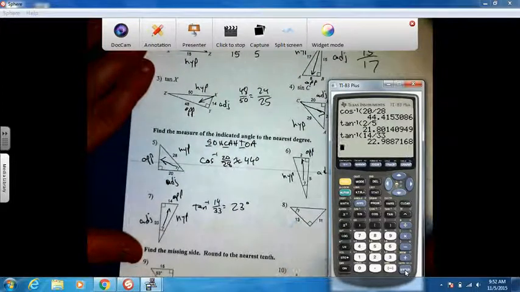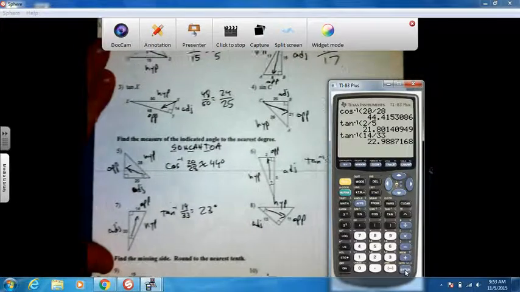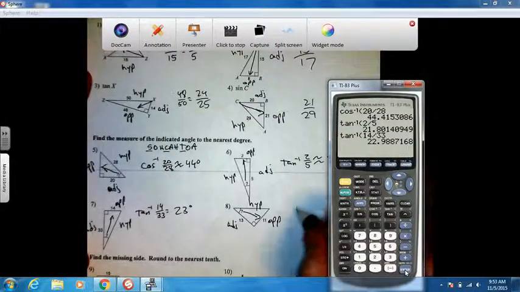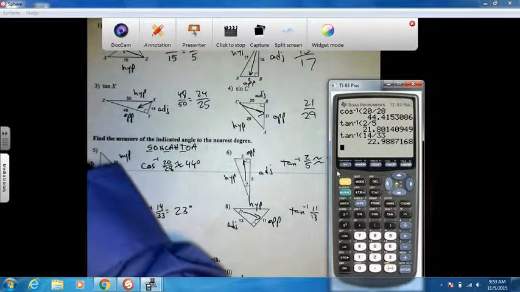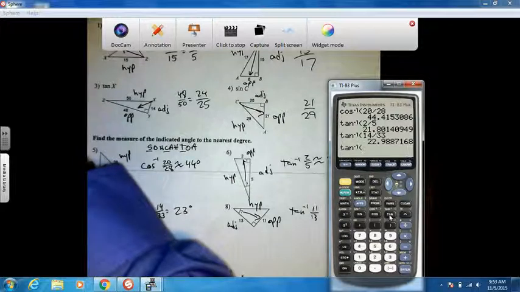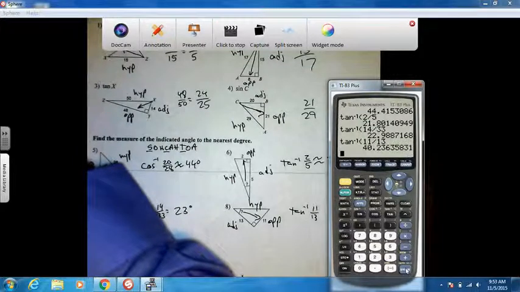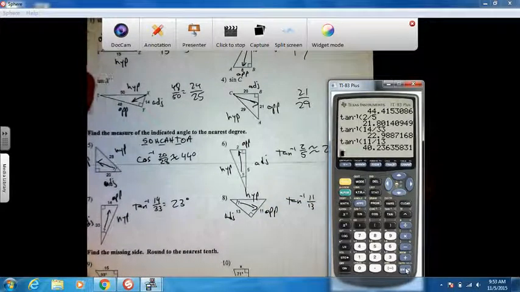And in number 8, opposite, hypotenuse, adjacent. Well, it looks like this one is tangent as well. So, inverse tangent of 11 over 13. So, second tangent, 11 over 13 is about 40 degrees.